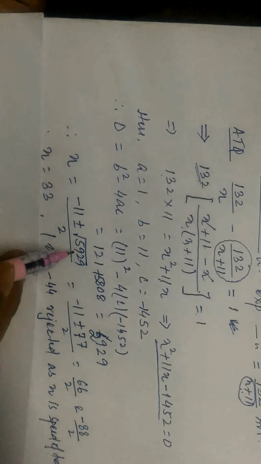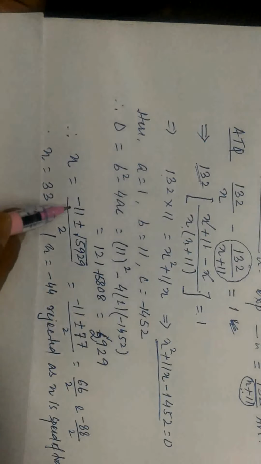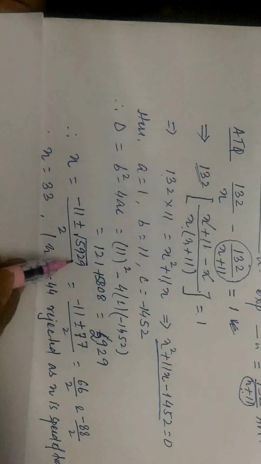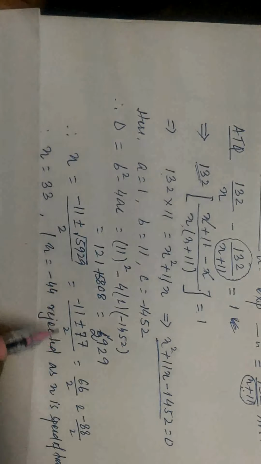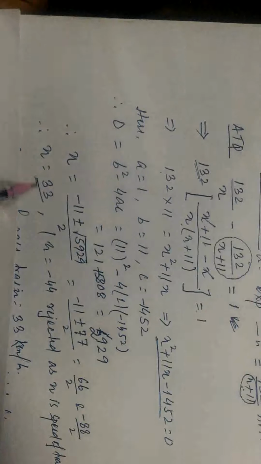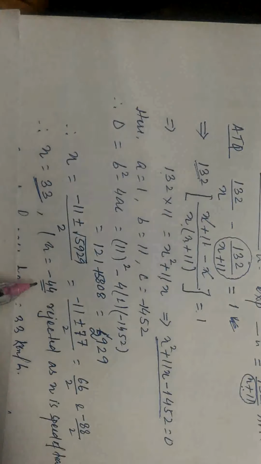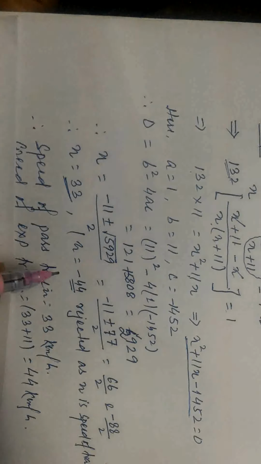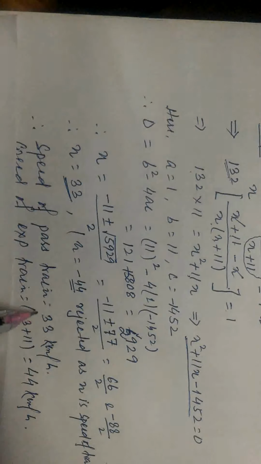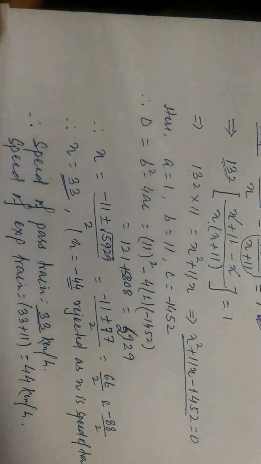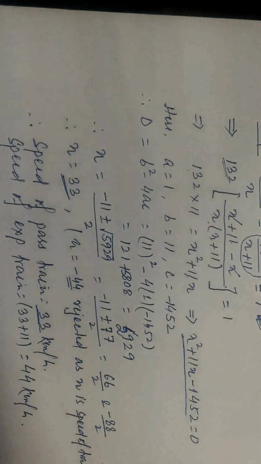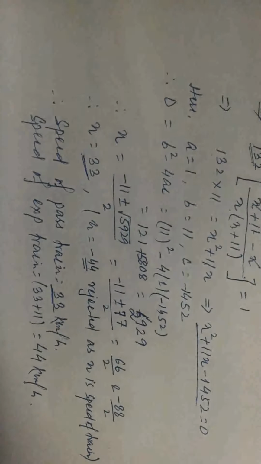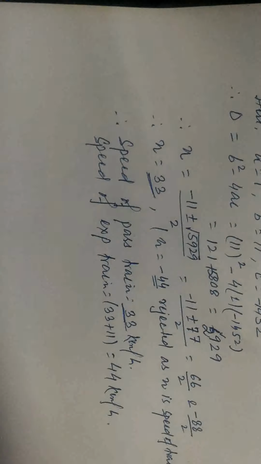So x equals minus 11 plus or minus under root 5929, by 2. We get two values: one is 33 and one is minus 44. Since the speed of a train cannot be negative, we reject x equal to minus 44. So the speed of the passenger train is 33 and that of the express train is 33 plus 11, that is 44 kilometers per hour.